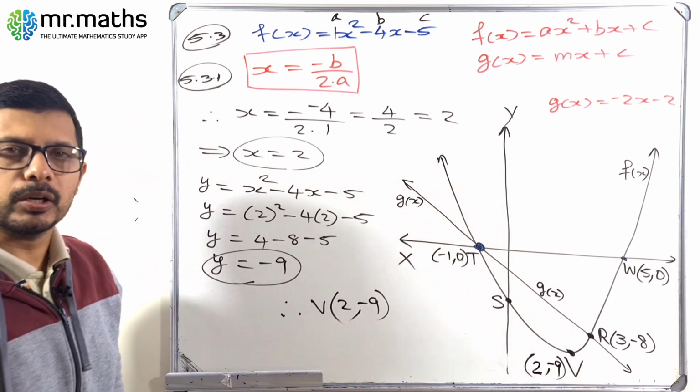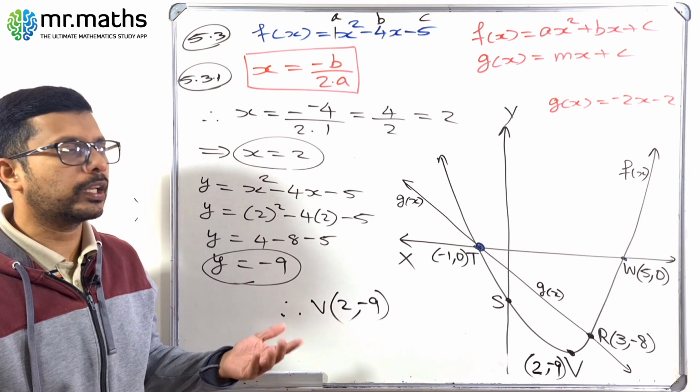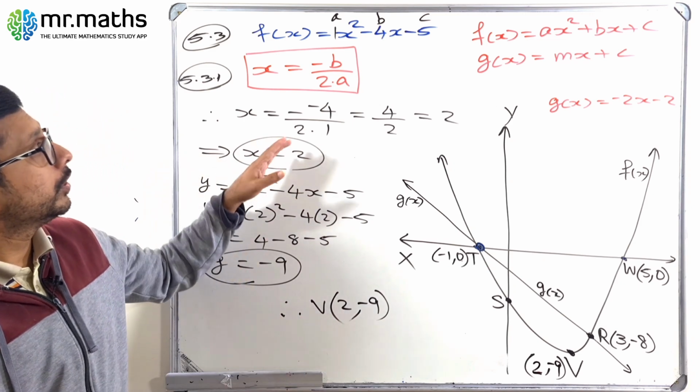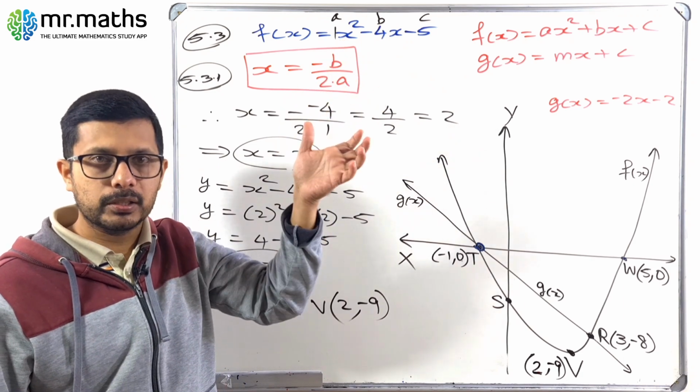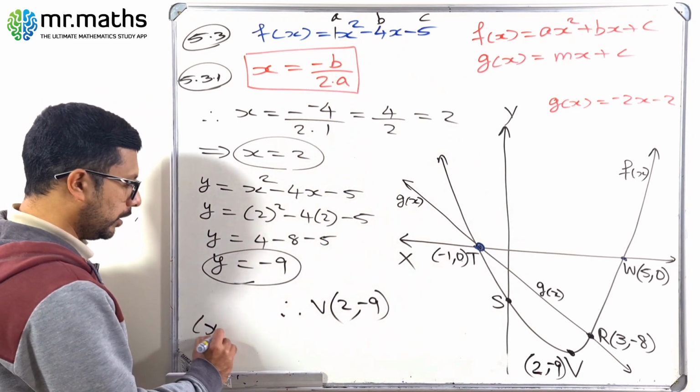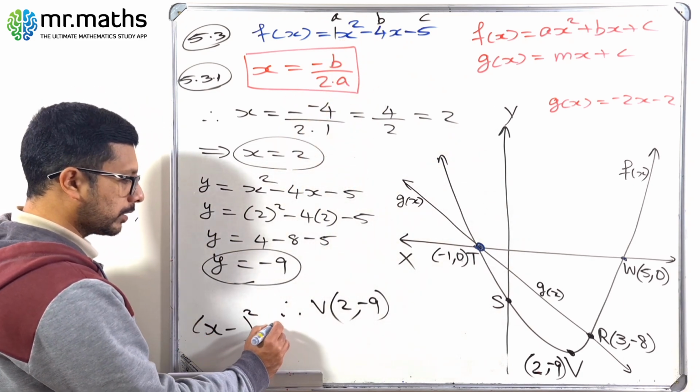So this is one method. There are different methods. Another method is to convert this into the completing the square form, x minus something all squared minus something.